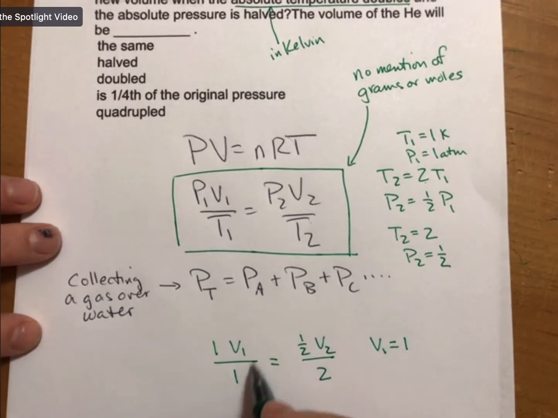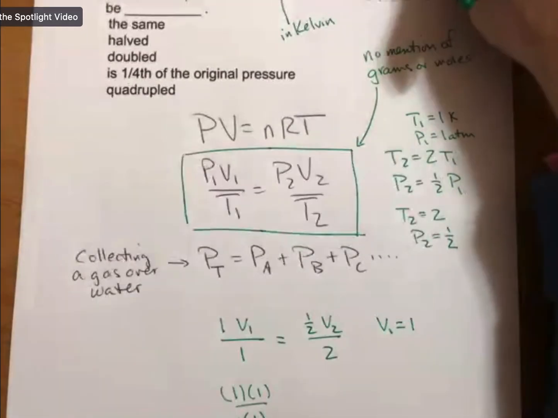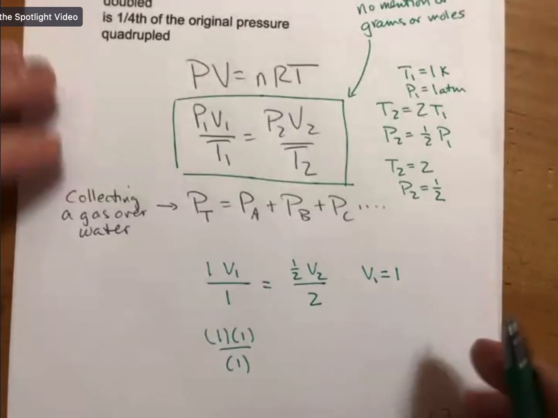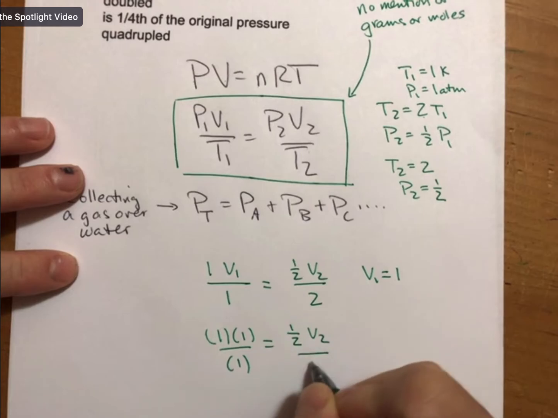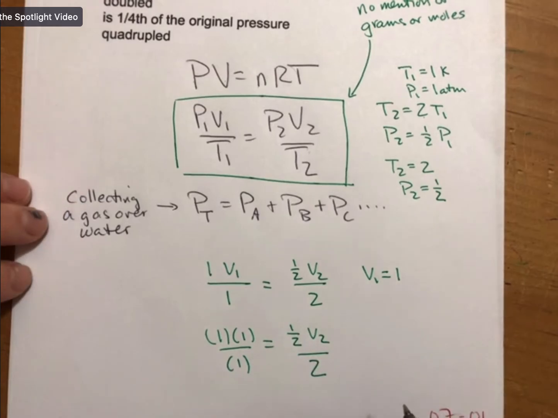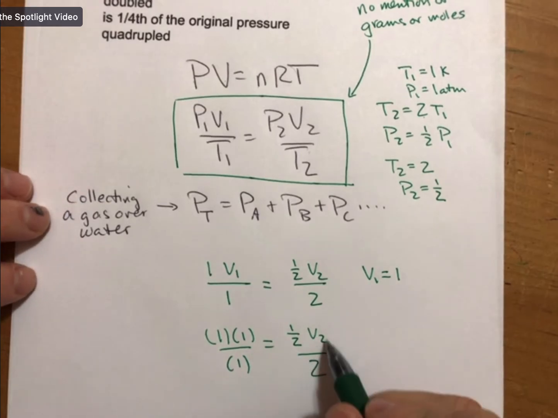So this whole left side becomes 1 times 1 over 1. I'm going to put myself back on screen. And this one becomes half times V2 over 2. And all you need to do now is figure out what number V2 is.